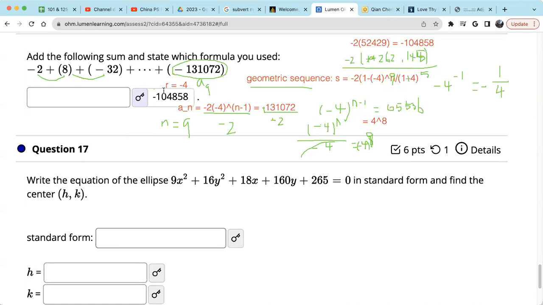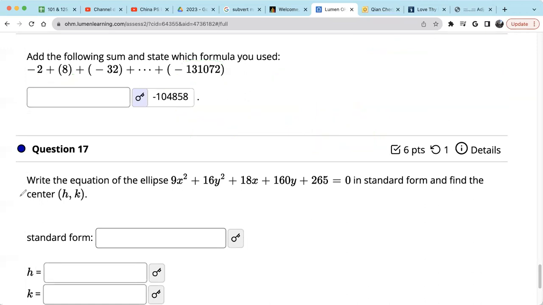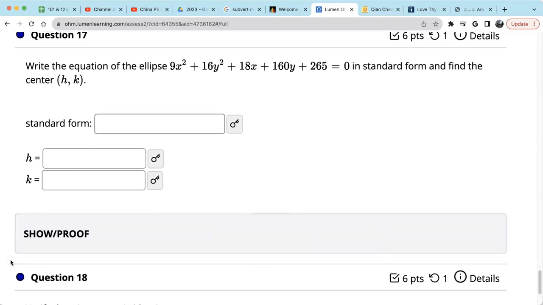Okay. Now let's go to question 17. Let's erase this first. Two more questions. So we want to write this equation of an ellipse. Remember the equation of an ellipse? One side equals 1, right? We want to be able to write this as a 1.